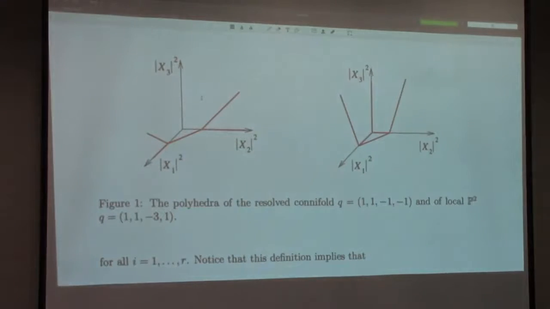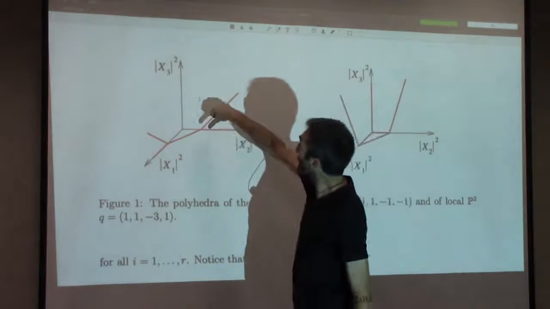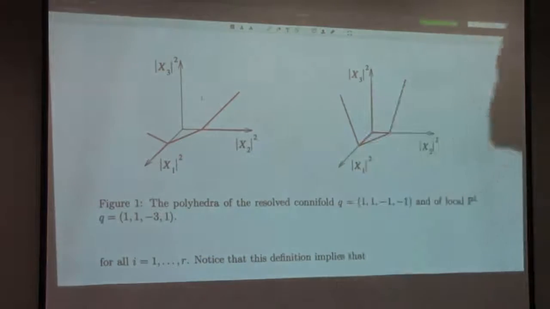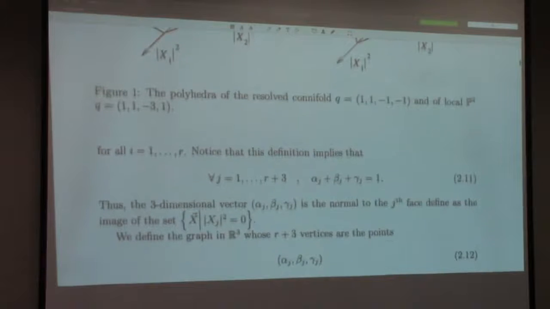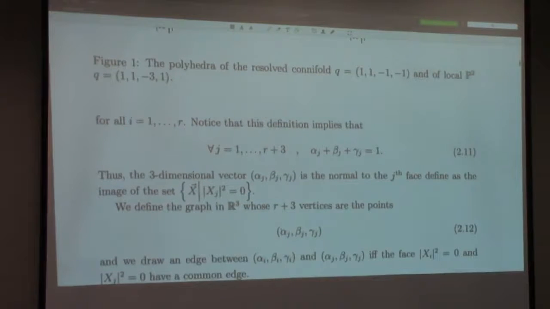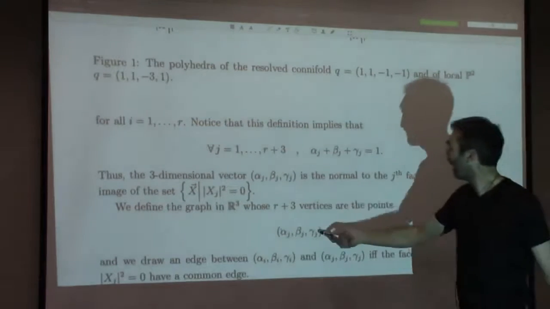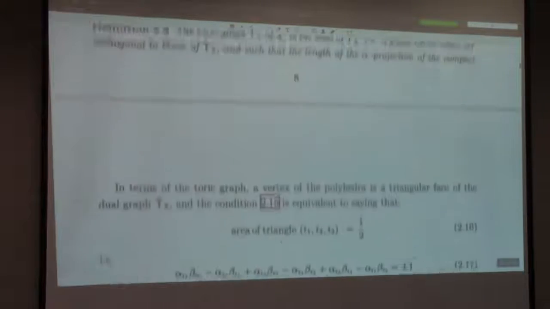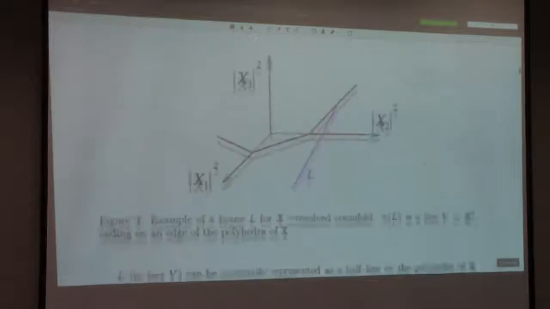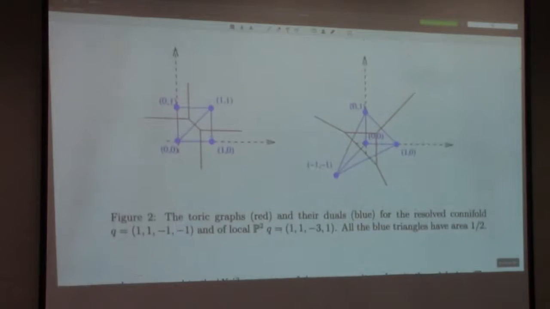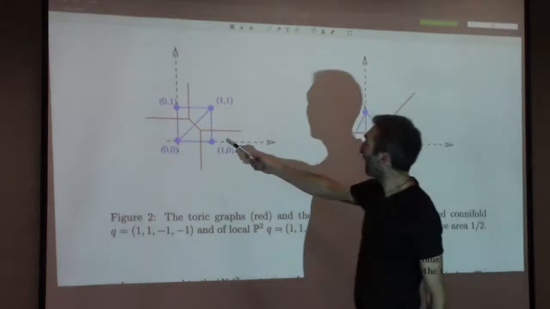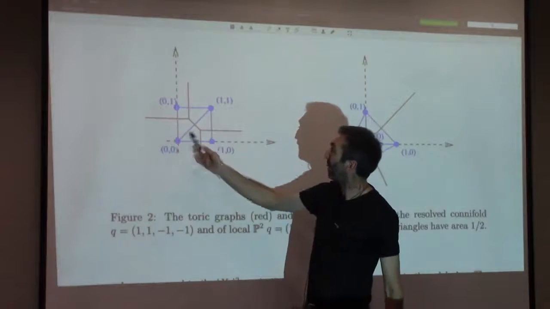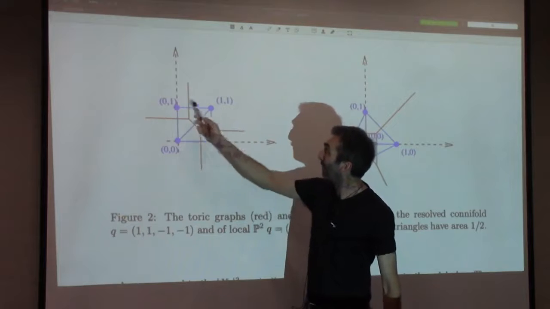In fact, you can look at the normals to the faces, and write them in coordinates: let's say that (alpha_j, beta_j, gamma_j) is the vector normal to the j-th face. When you plot the points (alpha_j, beta_j) in the plane, they are integer points, and they make a graph.